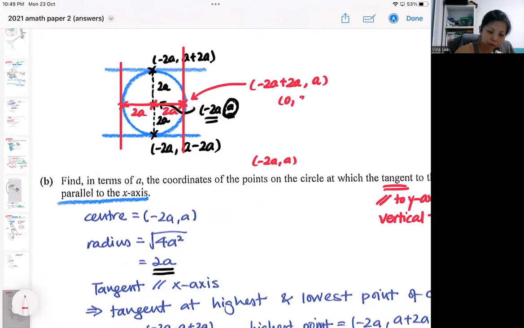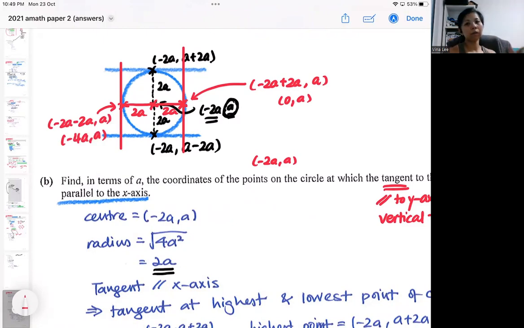So this will be 0a. Okay, and then this point here is on the left side of the circle. So it will be minus 2a minus another 2a, because you shift a unit of radius over. Okay, and the y coordinate will still be the same.